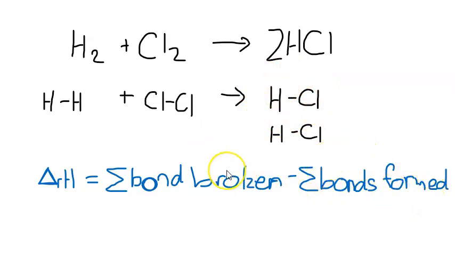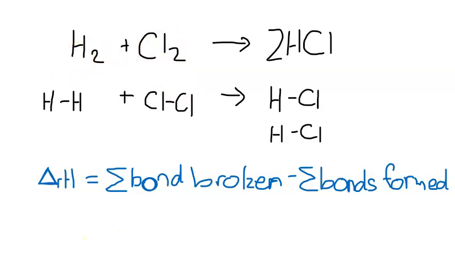Remember that an endothermic reaction, one that absorbs heat, which is the breaking of bonds, requires a positive enthalpy, so that's why we'd have a positive number here. And then we add the negative sign because heat is going to be released here. So if we calculate using the tables that would be given to us in an exam or in your textbook, we can work out the enthalpy change of the bonds broken minus the enthalpy change of the bonds formed, and then we get the change in enthalpy of the whole reaction.